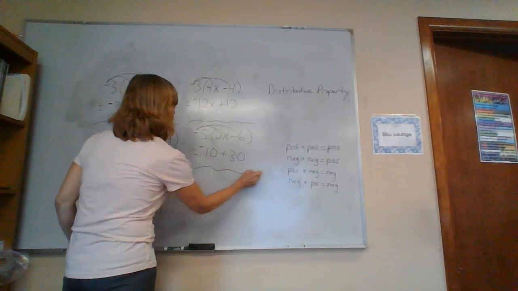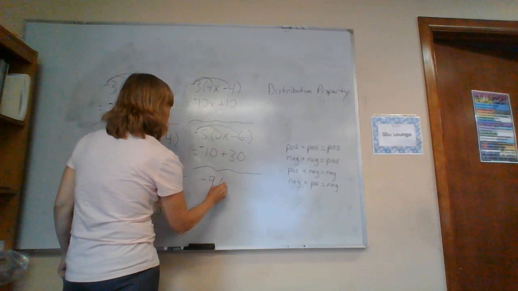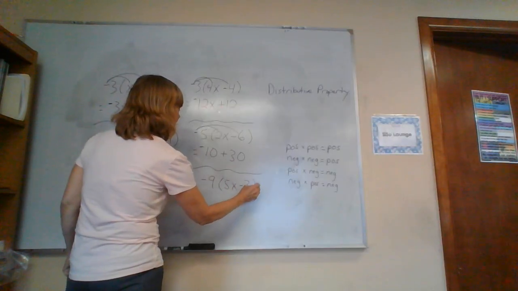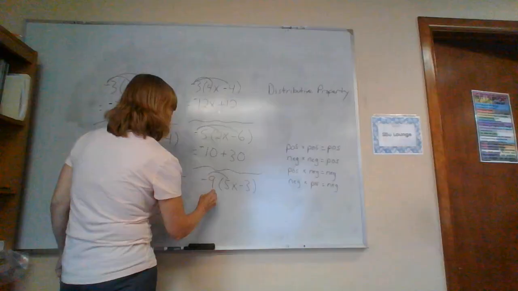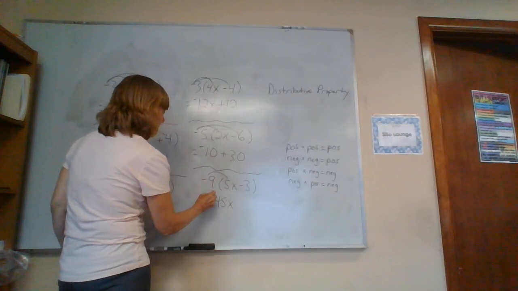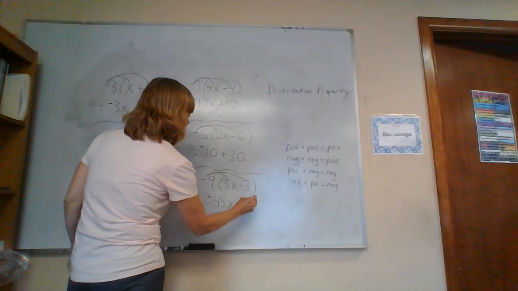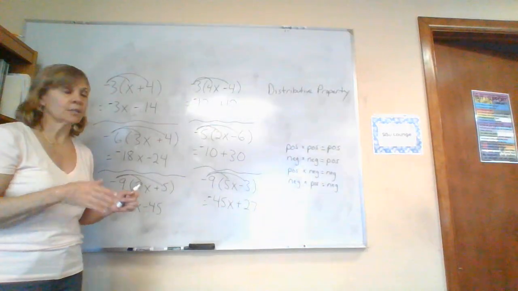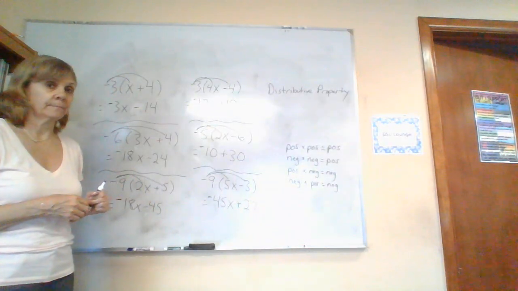Okay, and one more. -9 times 5x minus 3. -9 times 5x would be negative, don't lose it, negative 45x. A negative times a negative is plus 27. You kind of following that? It's all about multiplying, and then don't lose your signs.